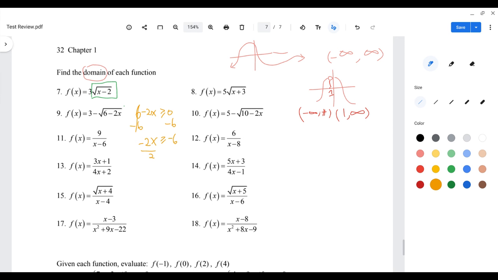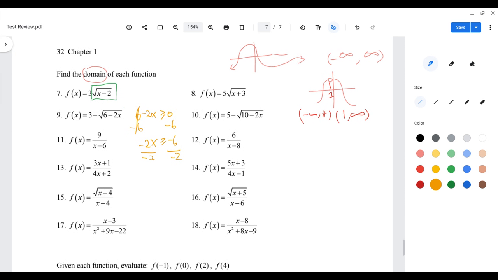You divide by negative 2 on both sides. When you divide by a negative number, you flip the sign. So x is smaller than or equal to positive 3. So 3 is a bigger number, right? The bigger number is on the right, and the equal is a bracket. And then x is smaller than 3, so it goes all the way to the left, to negative infinity, with a parenthesis.